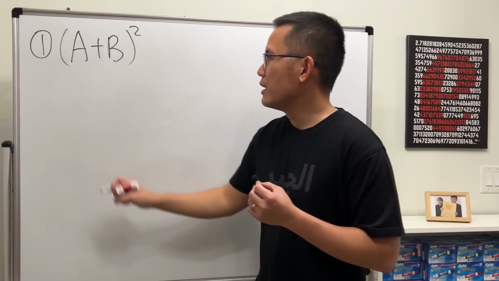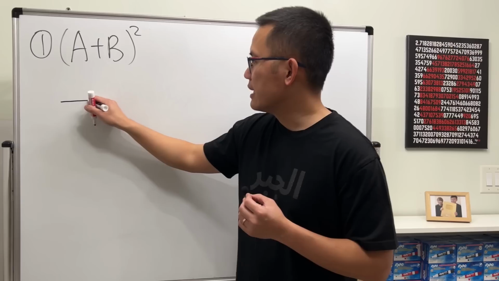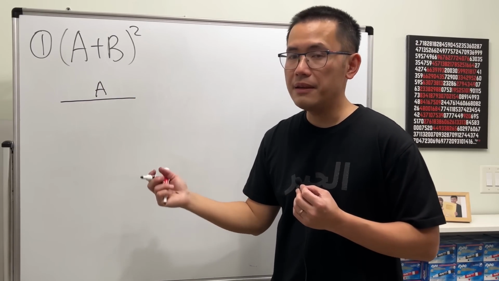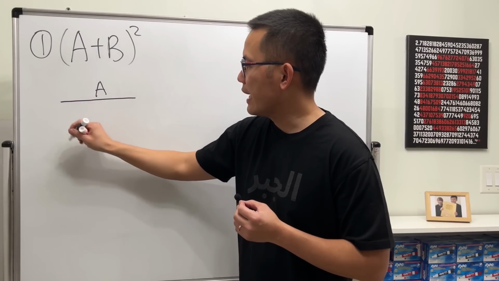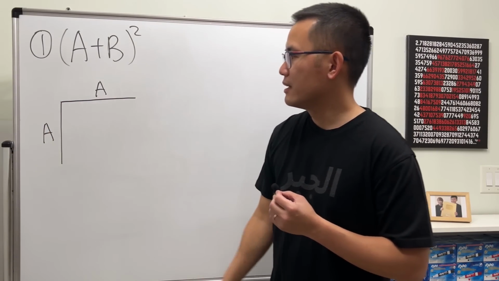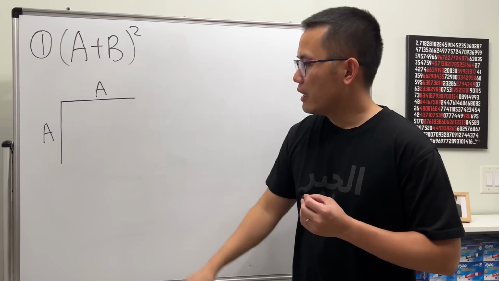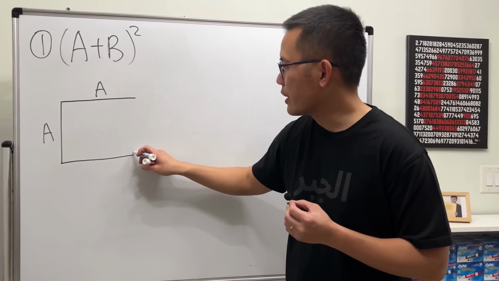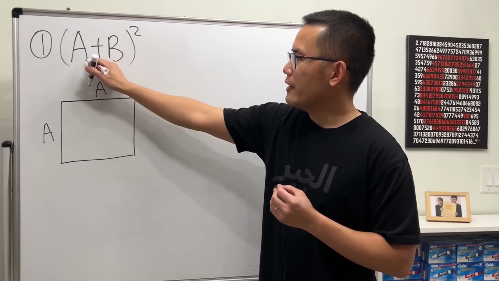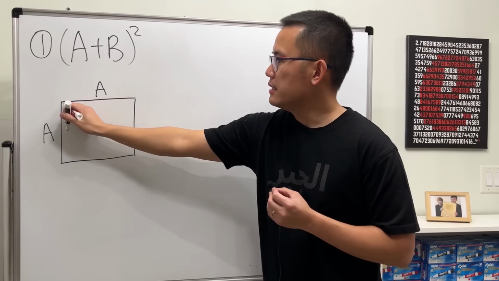Have a look. For a, we can look at it as a length like this, and let's say this much right here is a. And I'm going to duplicate it right here. So it's the same length, same segment. So that's also going to be a. Now, we can enclose this right here and we get a little square, right? But I want to have a plus b. This is a already.